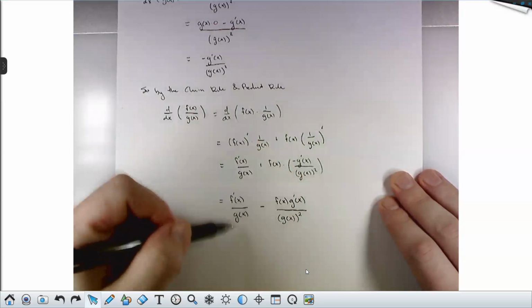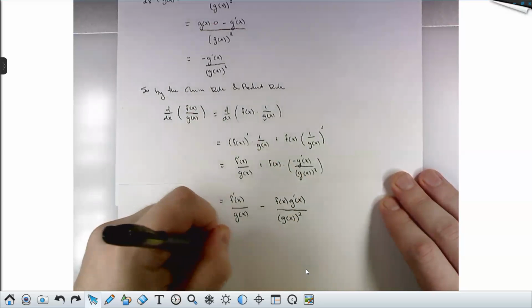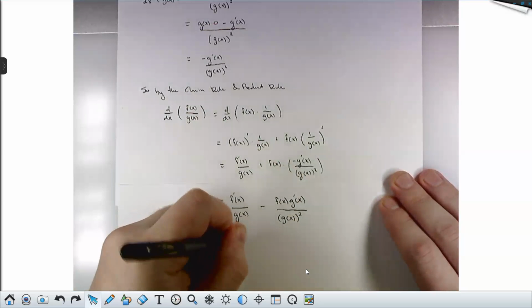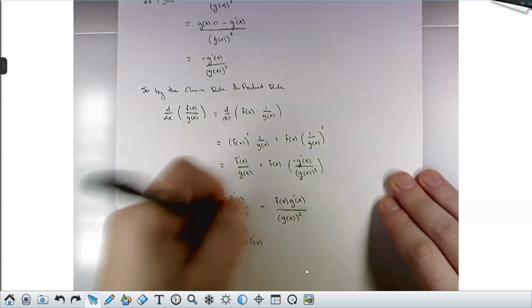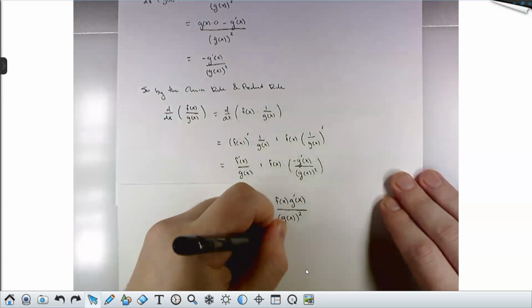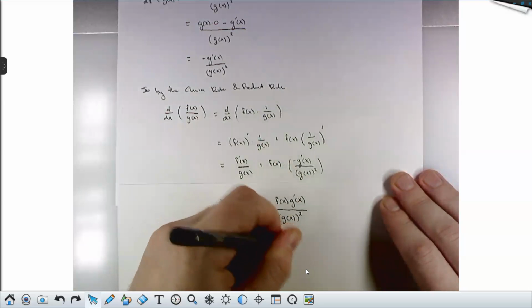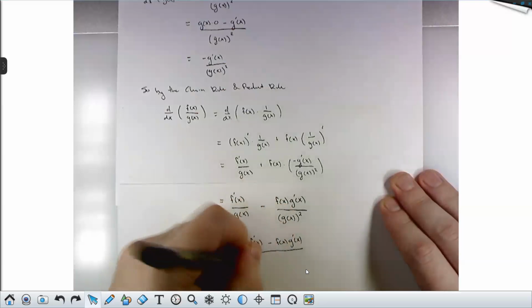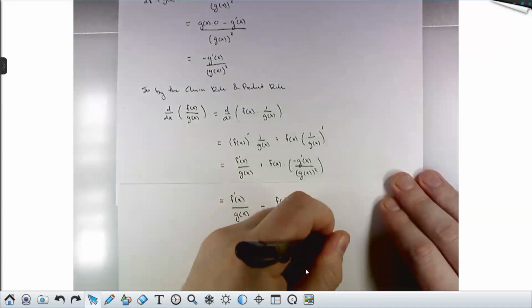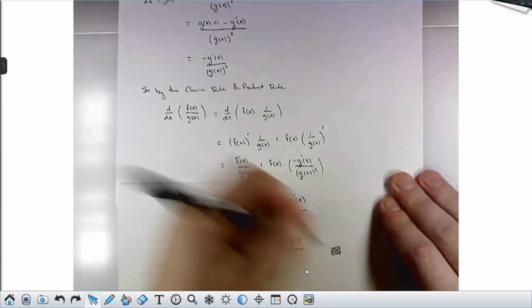And then if you multiply by g over g, you get g of x times f prime of x minus f of x times g prime of x all over g of x squared, which is exactly the statement of the quotient rule.